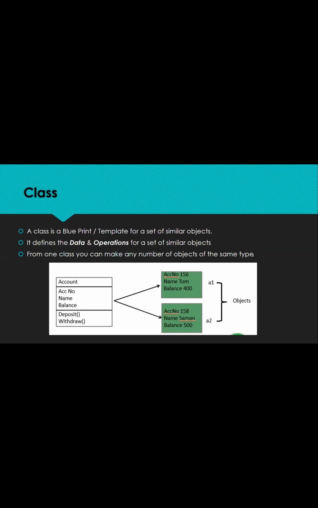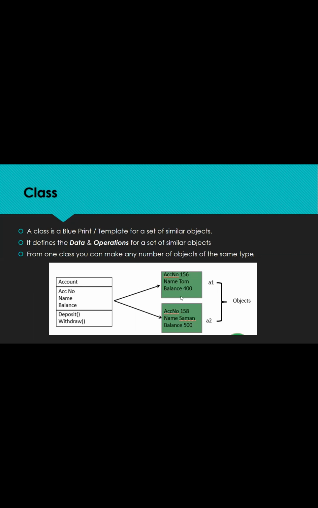It defines the data and operations for a set of similar objects. ඒ කියන්නේ data and operations දෙකම තියෙනවා. In this diagram, look at this: accounts කියන එක තමයි class එක, access number, name, balance කියන එක data.